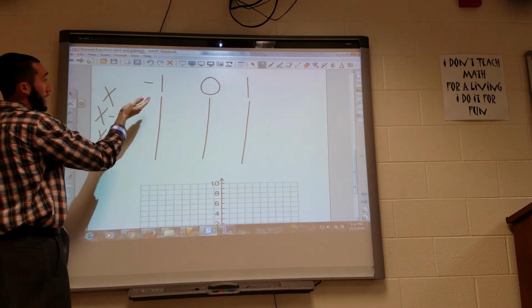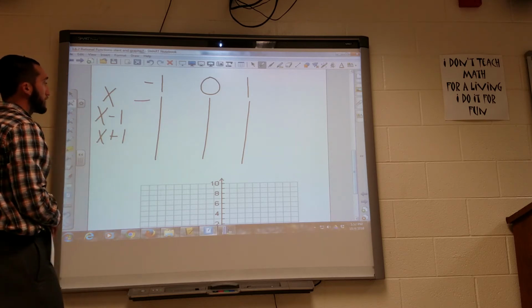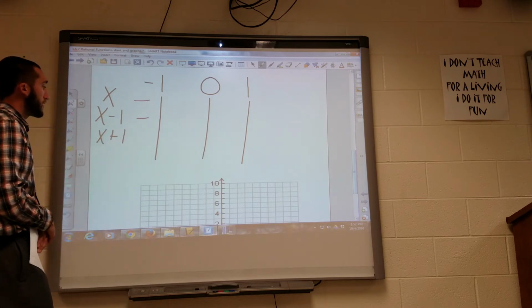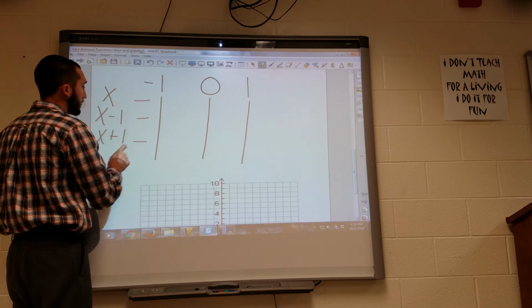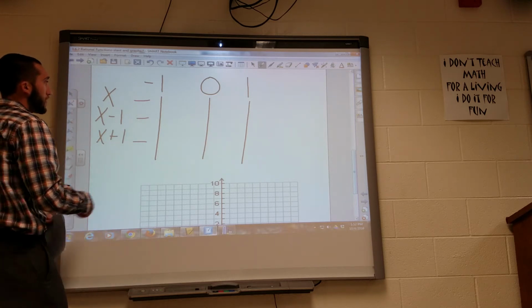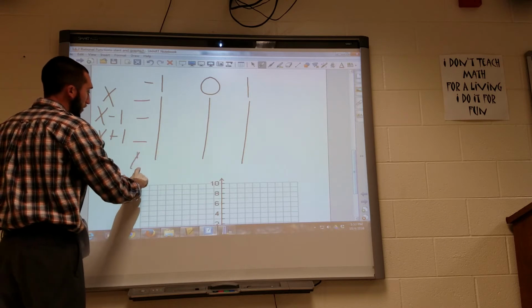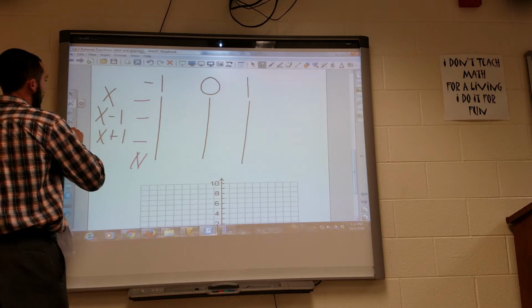So if I plug in negative 2 for x, well, that's obviously negative. If I plug in negative 2 for x minus 1, that's going to give me negative 3, so still negative. And if I plug a negative 2 in for x plus 1, I still get negative 1, meaning I get negative. So a negative divided by a negative is a positive, divided by another negative means my overall net will be a negative.